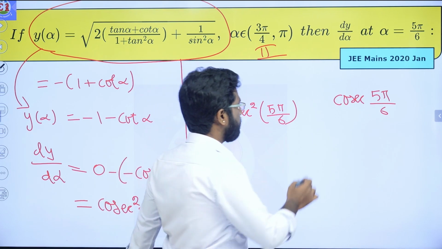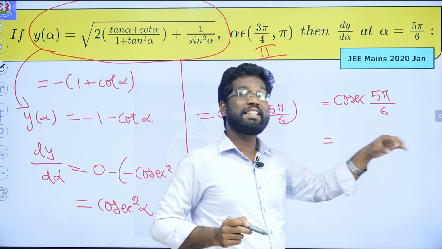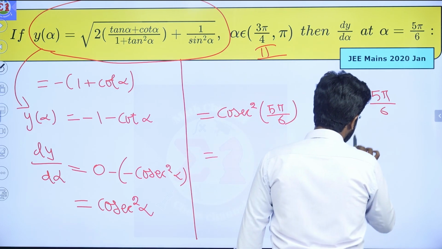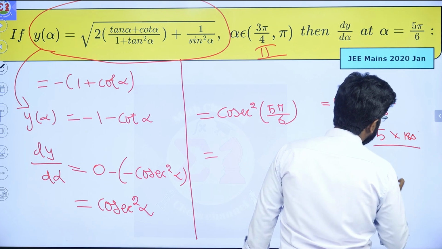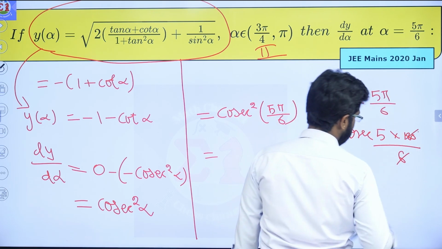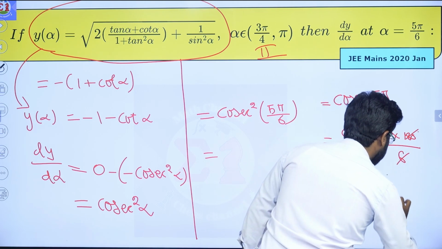So cosecant 5 pi by 6 means, now let's convert this term into degrees. So cosecant 5 into 180 degree divided by 6. If I cancel it out, I will get cosecant 150 degree.